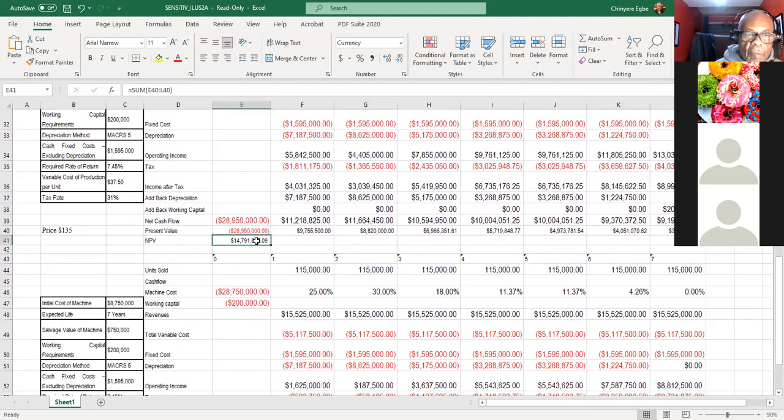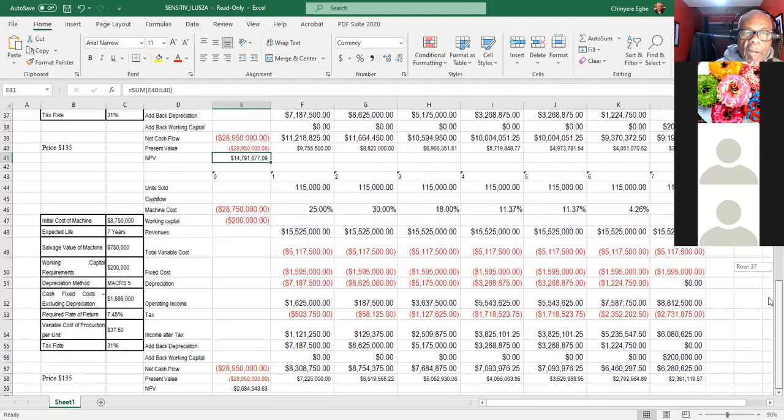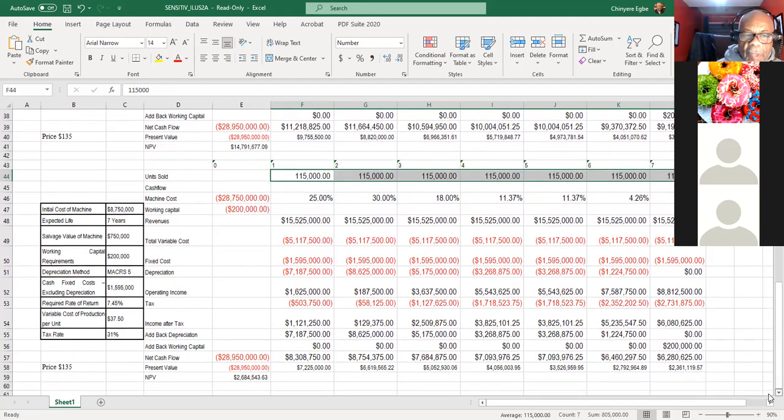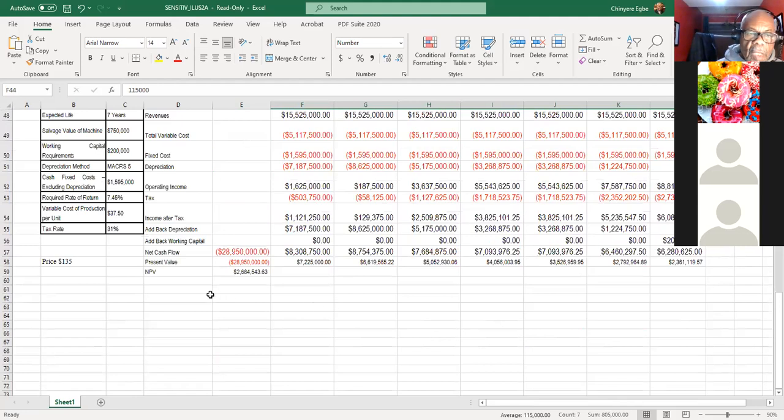Your NPV will become 14,791. What if things don't go so well and your sales decrease, and instead of 125,000, you have 115,000? How would that impact your NPV? So you can see your NPV will decrease to 2.68.